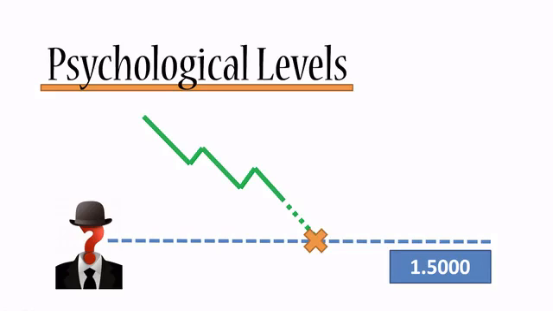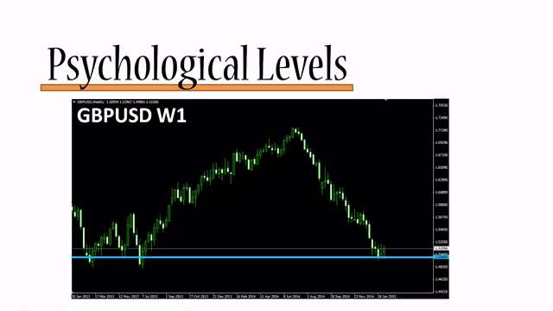So let's have a look at an example from a real chart. Here I've got the British pound dollar weekly chart, and I just took this out of my terminal, so this is fresh as of today, 4th of February 2015. As you can see, the British pound dollar currency pair is approaching, or has approached, this blue support line. And guess what it is?